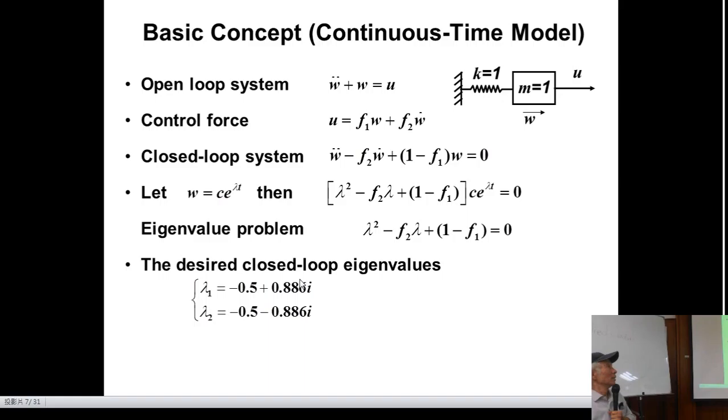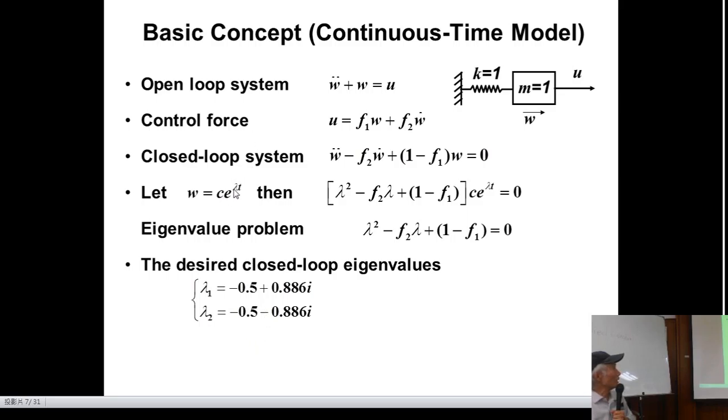First of all, if you want a closed loop system to be stable, then your real part has to be negative. Agree? Has to be negative, right?